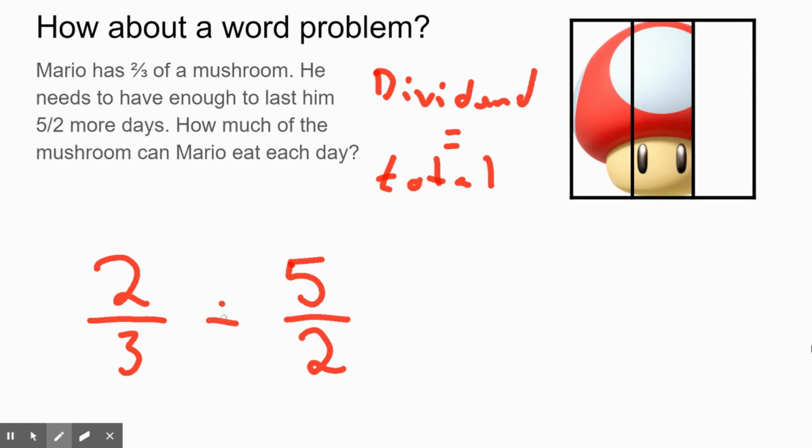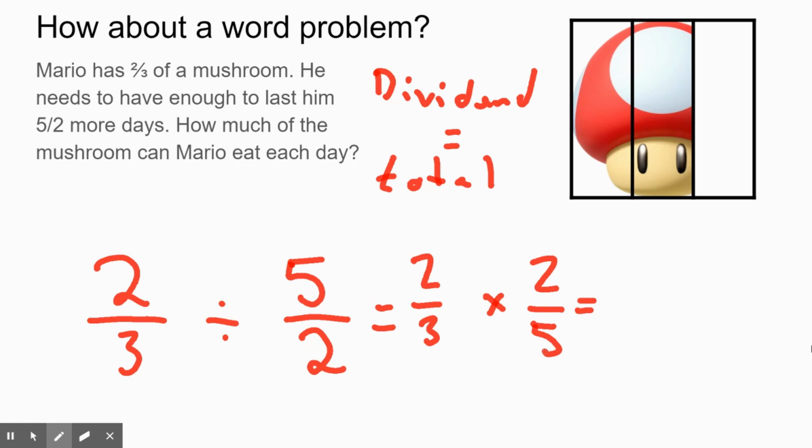Finally, we know this is going to be a division problem because we need to break 2/3 into 5 halves. If we do this, we'll use the KFC method. We'll keep our 2/3. We'll find the reciprocal of our divisor, and we'll change our operation to multiplication.